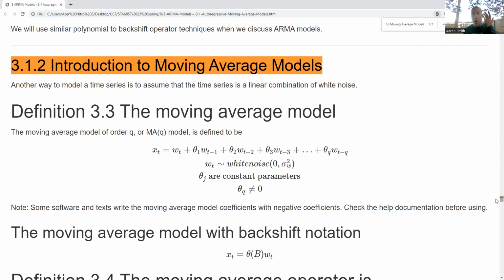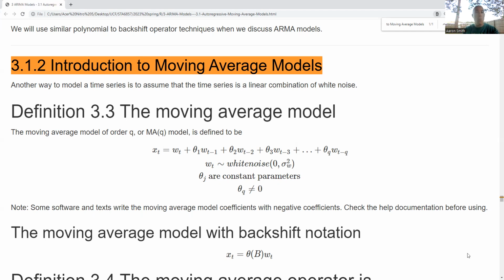So in autoregressive we put coefficients times past observations, and in moving average we take coefficients times the Gaussian white noise time series. In the next video, we're going to combine those into autoregressive moving average models, and then kick it up a notch into autoregressive integrated moving average models.